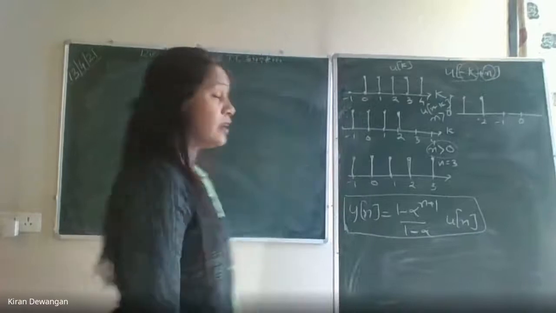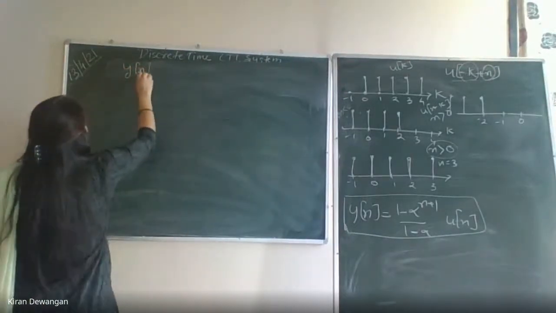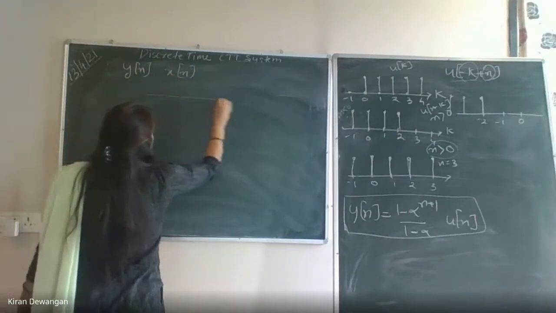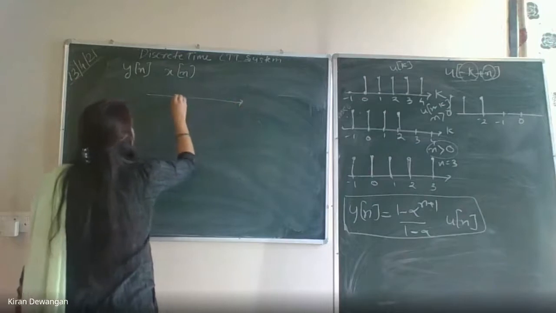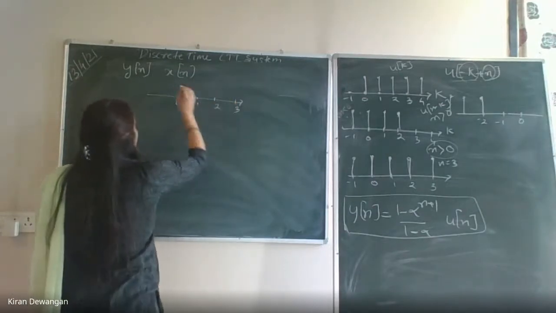It was similar to what we did. We have to compute y of n. Then x of n given is 0, 1, 2, 3.